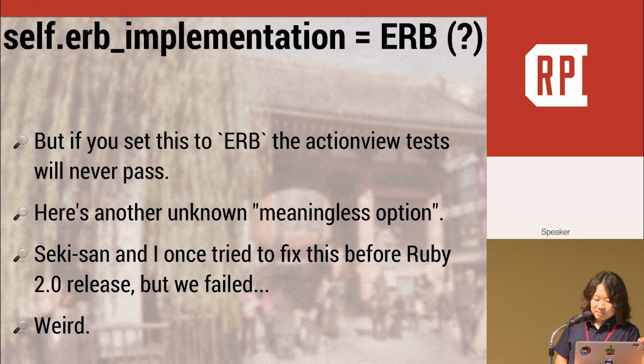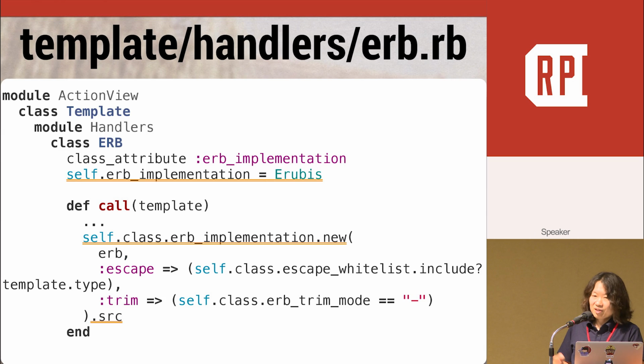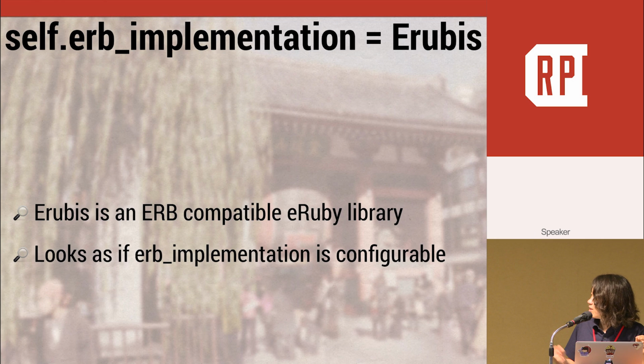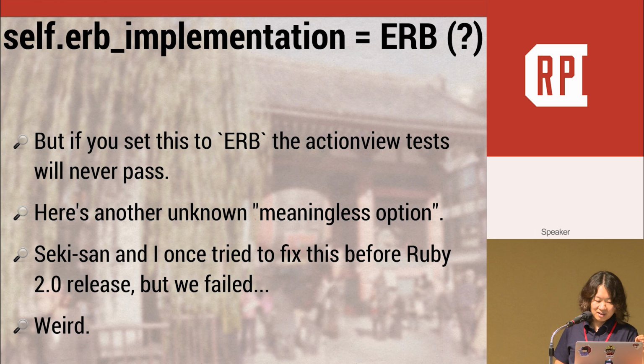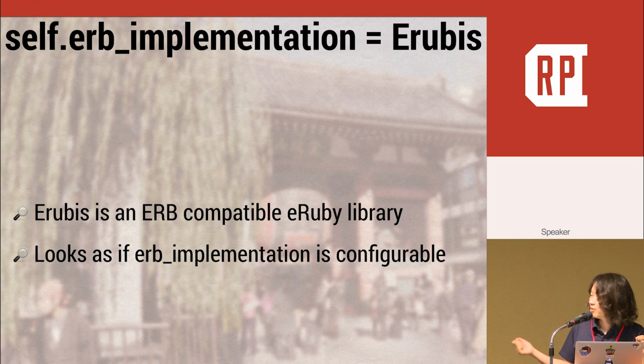I guess you know that the ERB implementation, which is bundled with Ruby as a standard library, is called ERB. Erubis is something compatible with ERB, which claims to be faster than ERB.